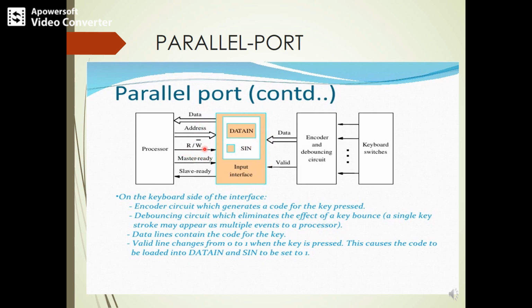We also have the control signals read bar write, and the address as well as data signals from the processor and the input interface respectively. The processor will check the value of data in only if the SIN bit is set to 1. After reading the information from the data in, once again SIN will be set to 0 in order to read the next character.